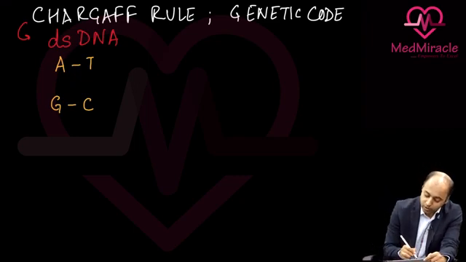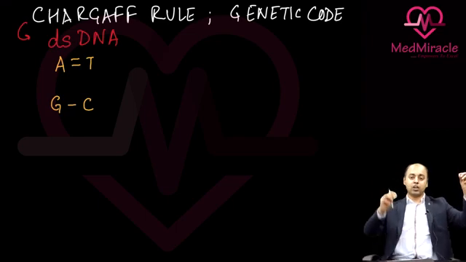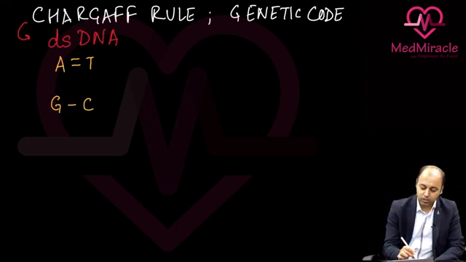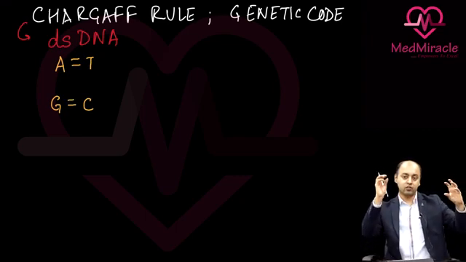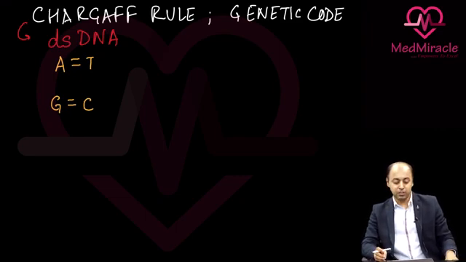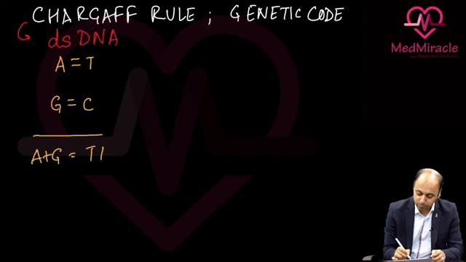That's why the amount of adenine will be equal to the amount of thymine. Every time you have an adenine molecule, you have a thymine molecule, so they are going to be equal. Similarly, the amount of guanine is equal to the amount of cytosine. Every time you have a guanine molecule, you are going to have a cytosine molecule, so the amount of the two will be equal. If you add both the sides, adenine plus guanine is equal to thymine plus cytosine.